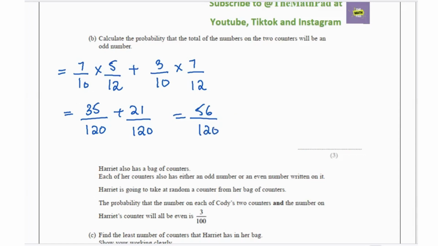If you want to simplify it, you can simplify it. If you want to leave it as it is, you can also do that. Either way, it's going to be correct.